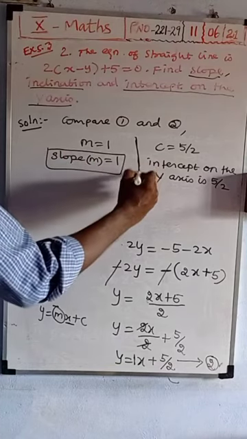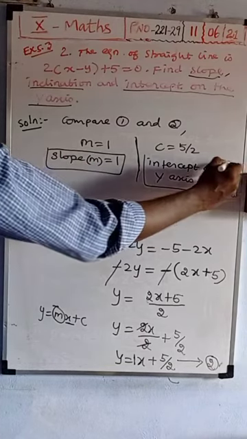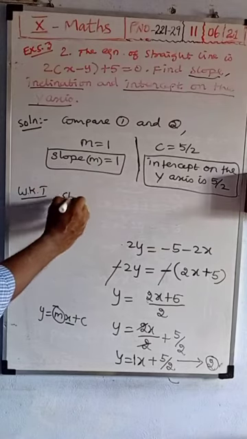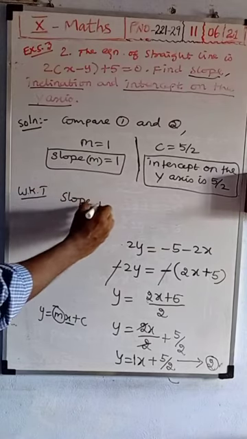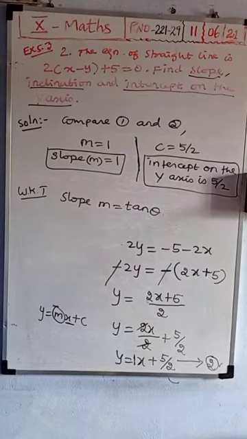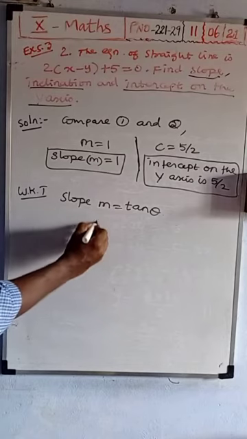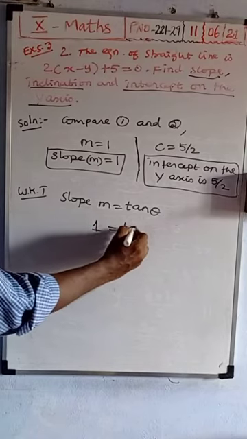Next question has to find the inclination. Okay, so we know that slope m is equal to tan theta. This is called the angle of inclination, theta. Here we know the slope m value, m is equal to 1, so 1 is equal to tan theta.